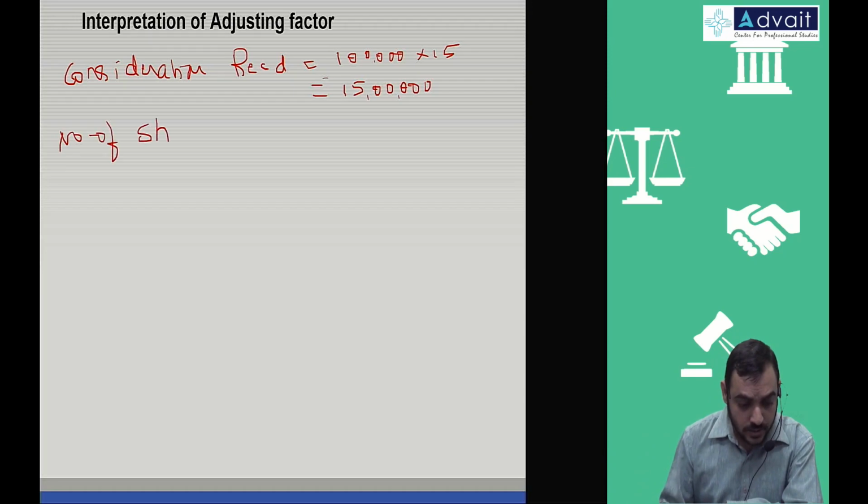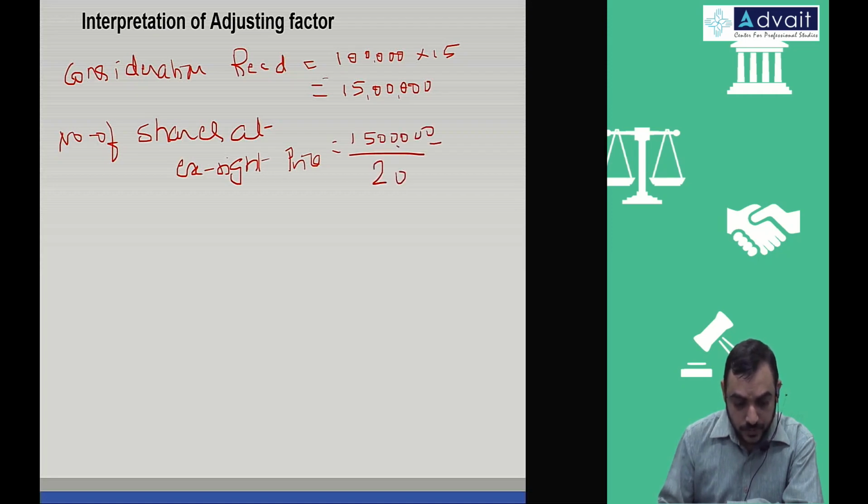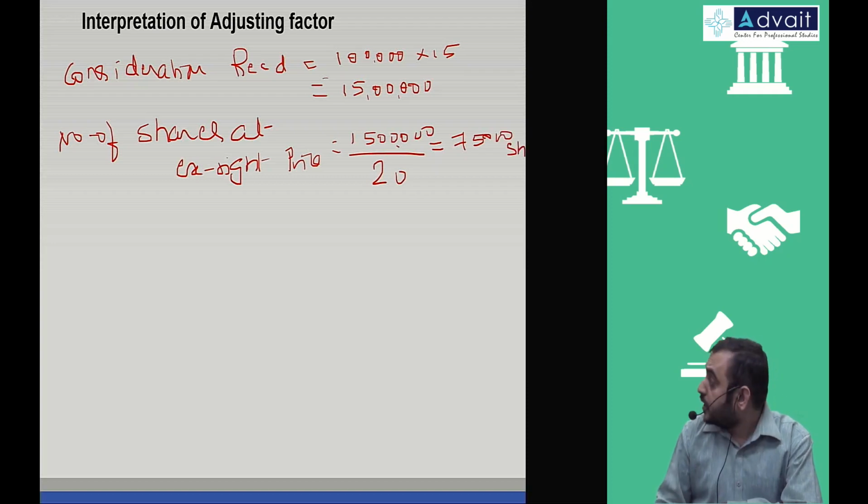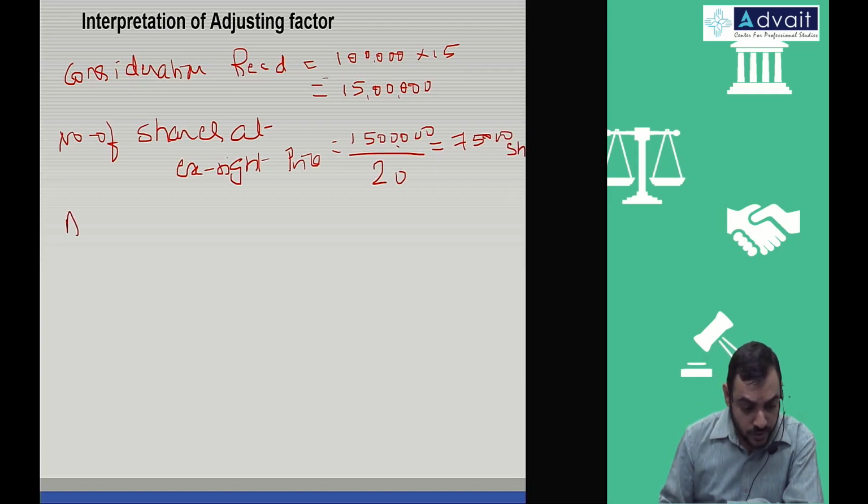Number of shares at the ex-right price, fair value: 15 lakh divided by 20 rupees, 75,000 shares. But what is the actual number of shares?